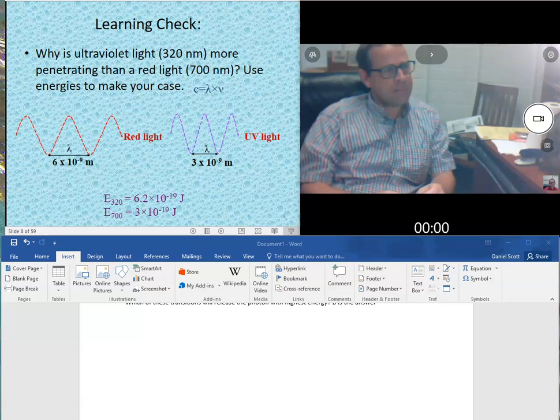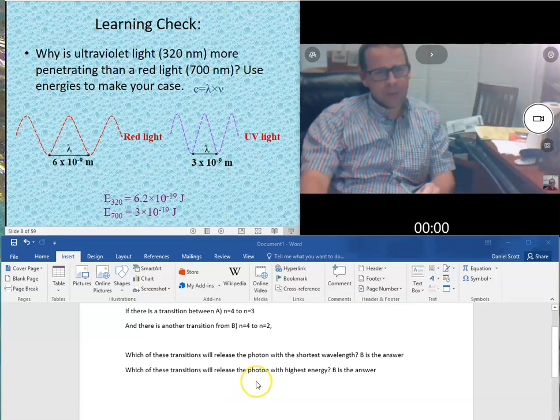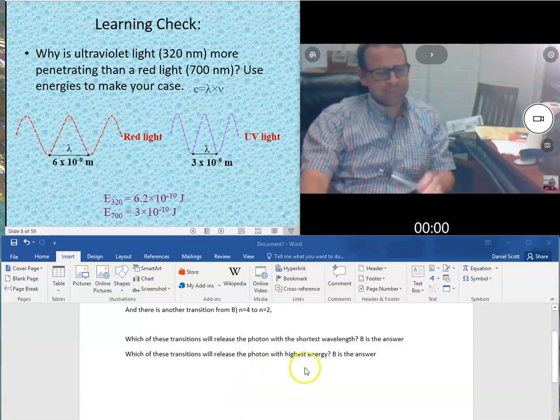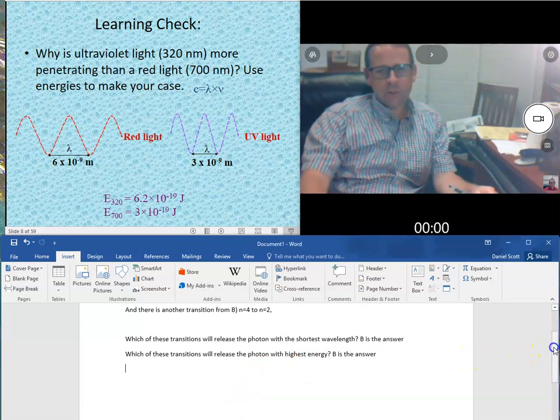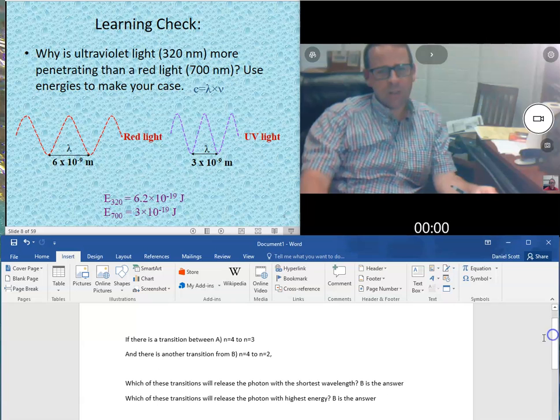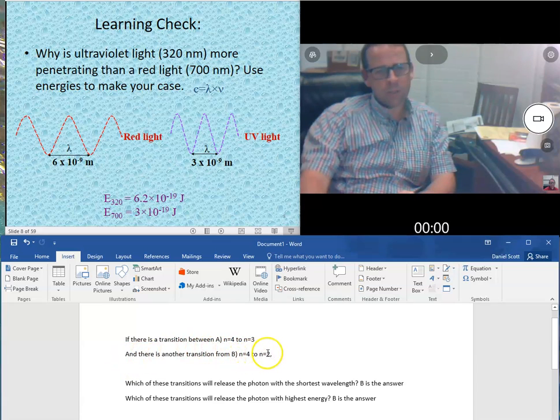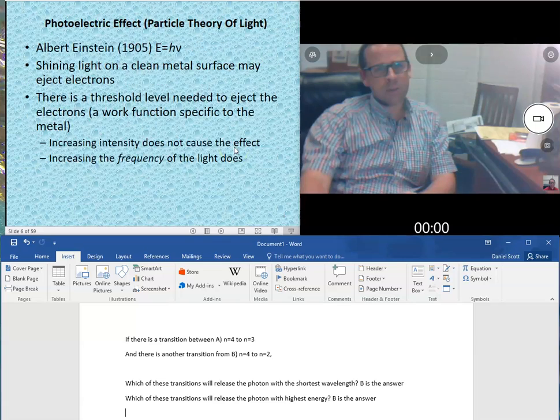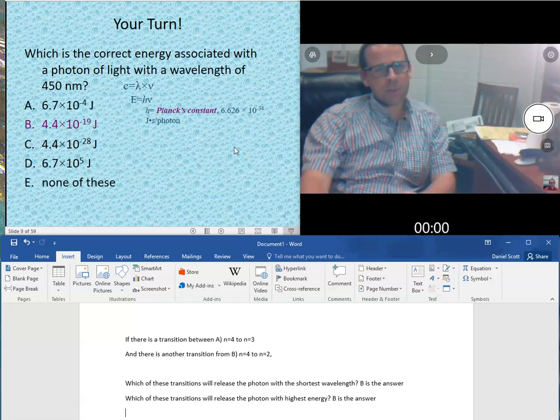I couldn't hear when you were answering the part about the quantum number transition, about which one had the higher energy. So, if there is a transition between N4 to N3, and we compare that to another transition, N4 to N2, all right? Hopefully, what comes to our mind is the nucleus, right? Let's get to this little picture here.